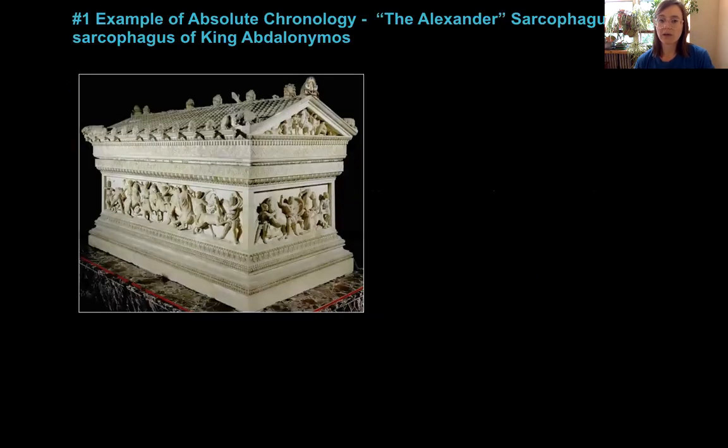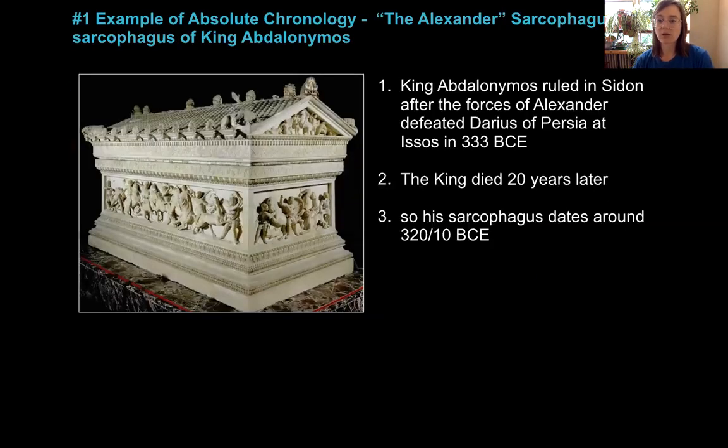Another example, from the late Greek world, is something called the Alexander sarcophagus, because it depicts, or probably depicts, Alexander of Macedon. Originally it was thought to be potentially his, but it belonged to a Syrian king.